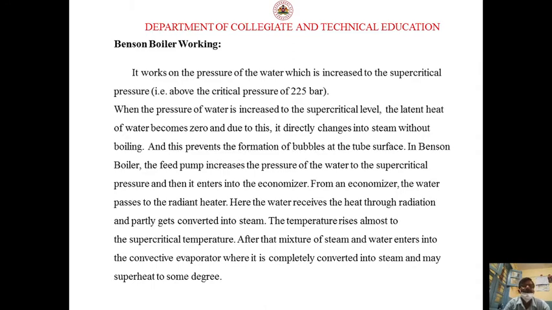Benson boiler working. It works on the pressure of the water, which is increased to the supercritical pressure, that is, above the critical pressure of 225 bar.